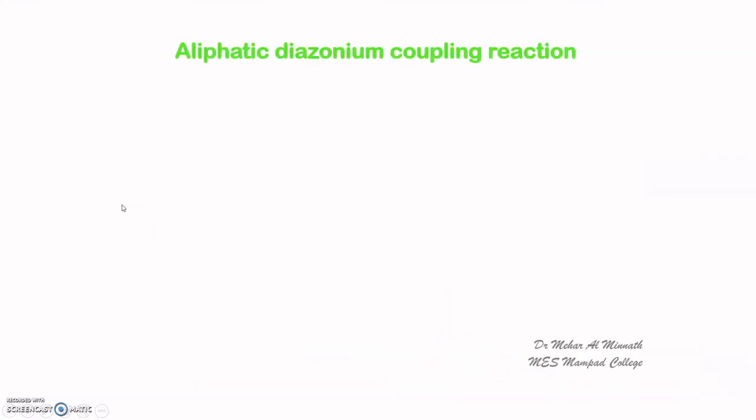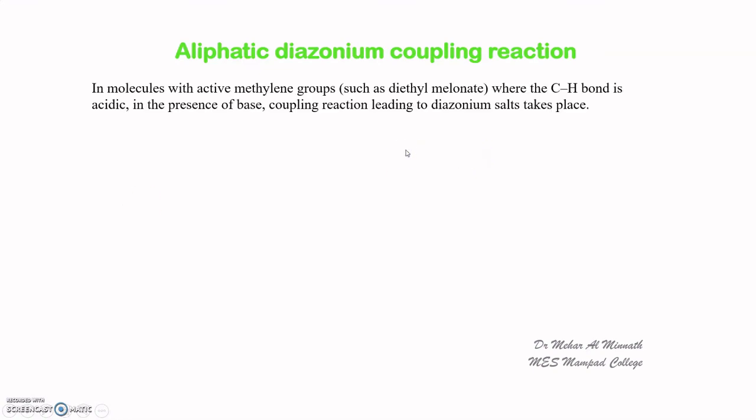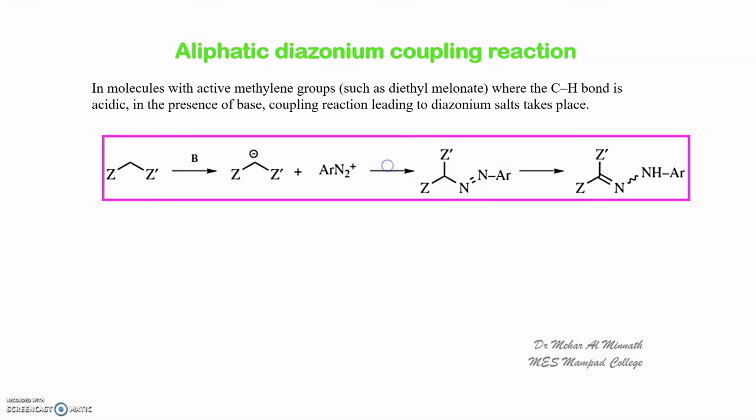Alright, now another reaction is aliphatic diazonium coupling reaction. Again, there must be the active methylene group, okay, and we get diazonium salts. The acidic CH bond is replaced. Similar reaction as what we had earlier discussed. If that was an azide over there, we are introducing this diazonium group into the compound.